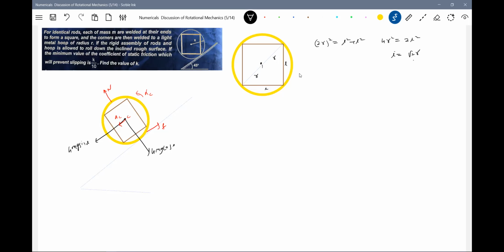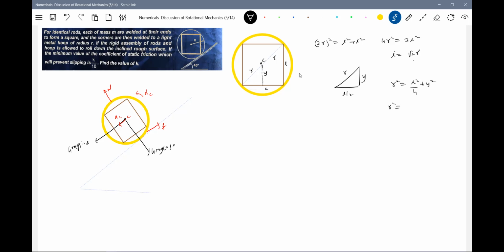If you know that, then we can get this distance, because this is what we need for the moment of inertia calculation. Call this Y. So in the triangle, with L by 2, Y, and this is R. So R square is equal to L square by 4 plus Y square.